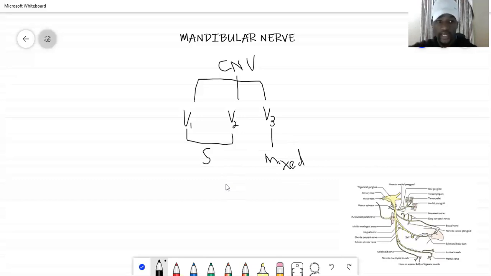So without wasting time, I want to do a bit of a revision on its origin, right? If you remember back in neuroanatomy, remember what I told you: anatomy is divided into regions just to make the work a little bit easier for us, but you must combine everything.